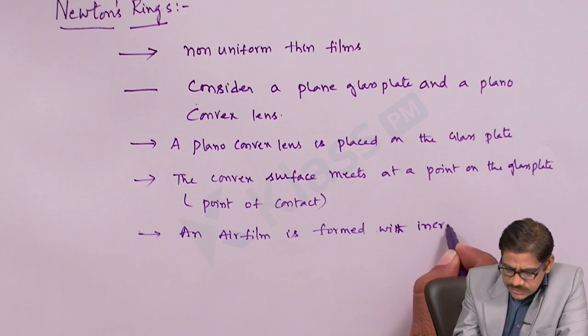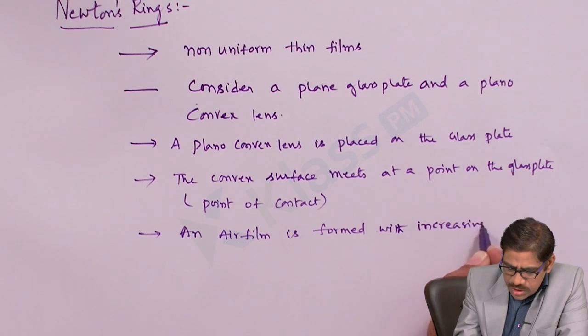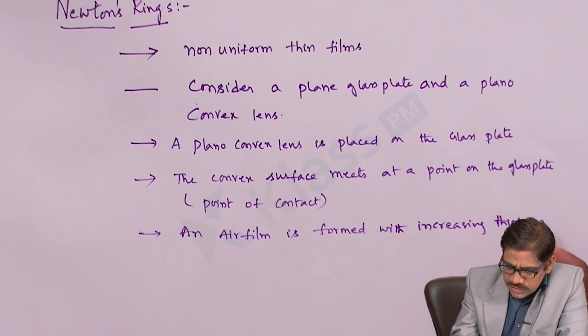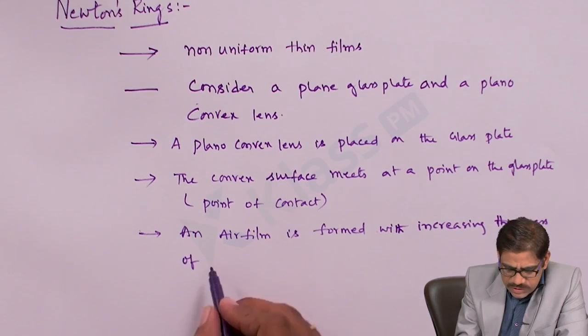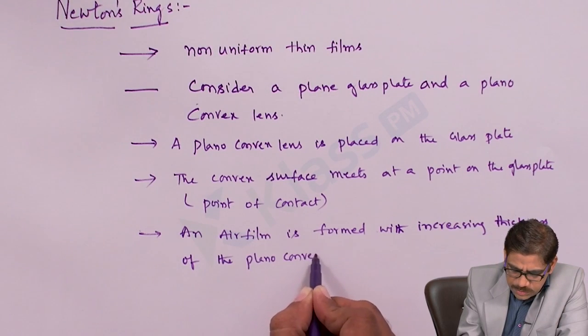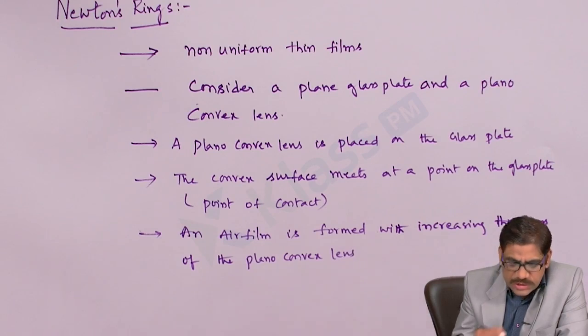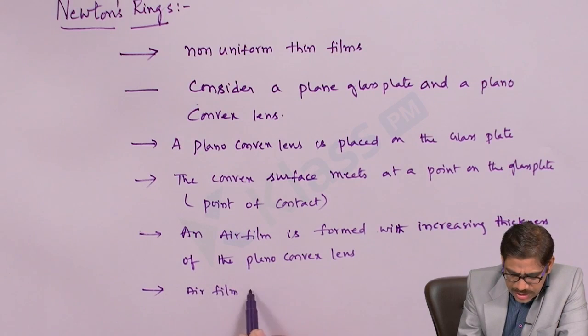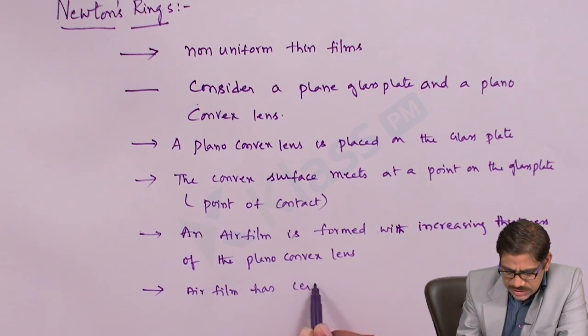An air film is formed with increasing thickness of the plano-convex lens. Now, let that air film have a certain thickness.